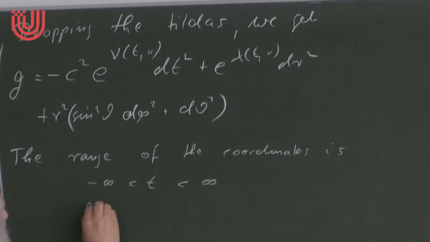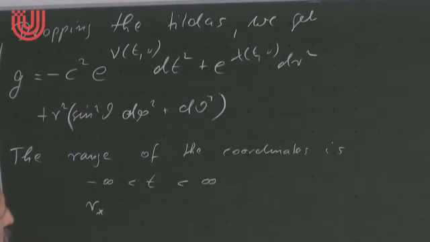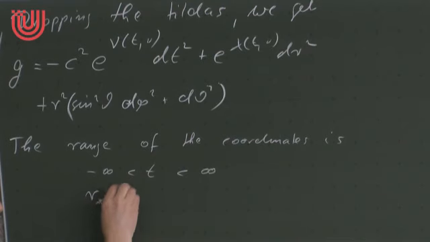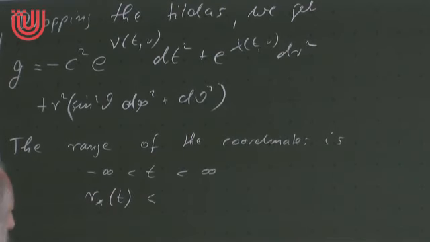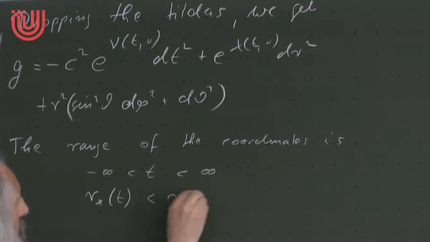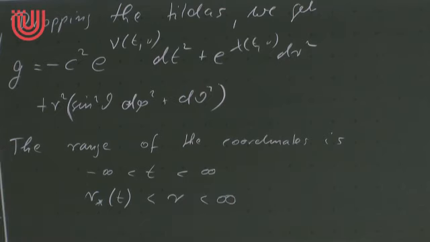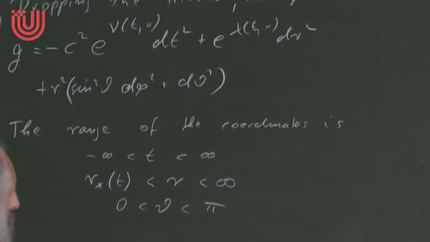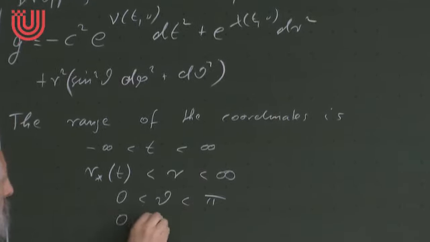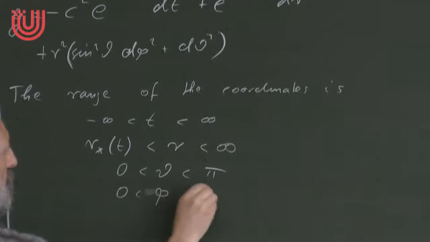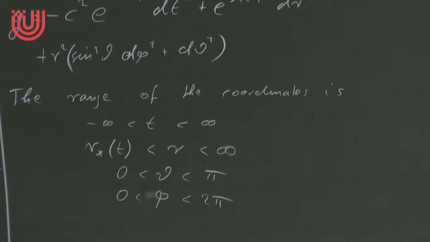The r coordinate is bounded by the radius of the star, and as I said, I want to allow for the situation that it depends on time, and it goes out to infinity. And the angular coordinates, of course, have their usual range. So theta goes from 0 to pi, and phi goes from 0 to 2 pi.